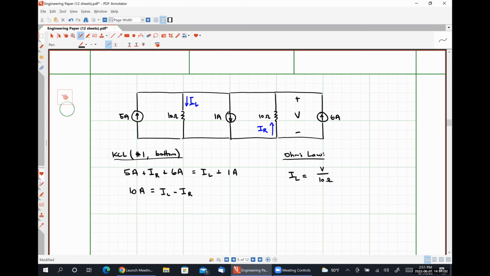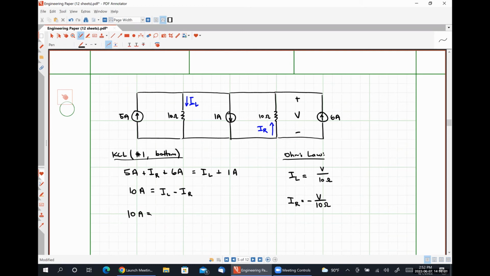Well, the current IL is flowing into the positive polarity terminal, so my Ohm's law equation should have a positive sign. For my current IR, I'm again going to have V over 10 ohms, but my current IR is flowing into the negative polarity terminal of the voltage, so I should include a negative sign right here.